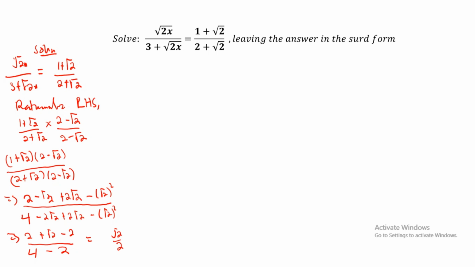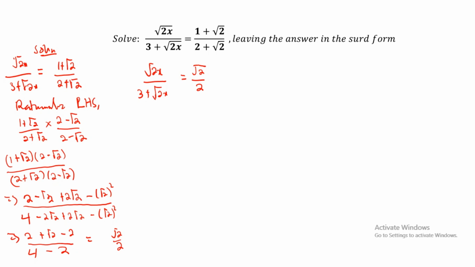So we now have square root of 2x all over 3 plus square root of 2x will now be equal to square root of 2 over 2. Now after simplifying this part, what's the next step? We can decide to solve everything like this, but then it will become complex.